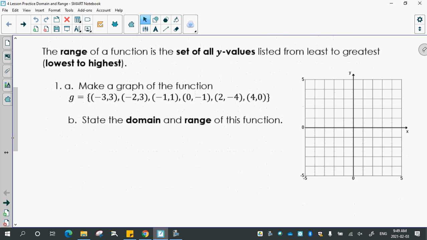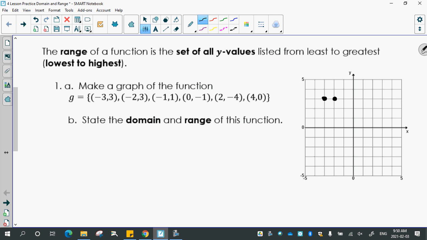So make a graph of this function, and this function is just a list of points. So it's just discrete points that we plot. Negative 3, 3, for instance, would be right here. And negative 2, 3, right here.